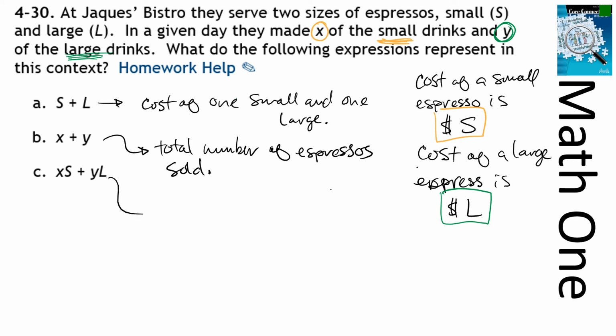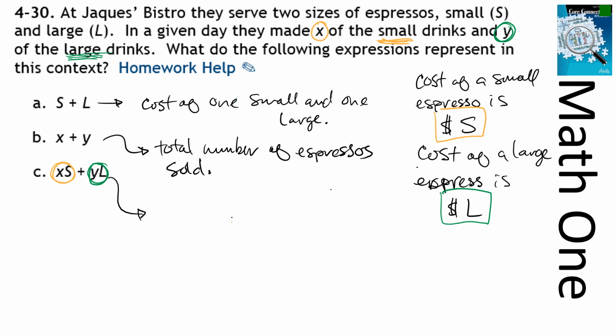And then this right here, right? If I multiply it, I sold X of the small ones, and I sold Y of the large ones. Remember, Y was how many, and X was how many of their respective espressos. What this represents is the total revenue that I made, and this would actually be the gross, right? There's the total revenue that I made from the small and the large espresso.